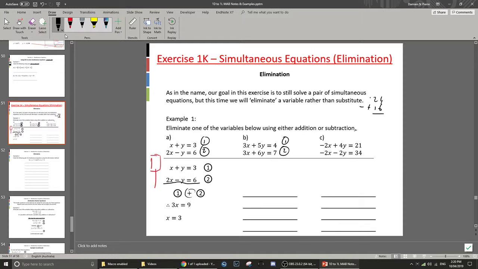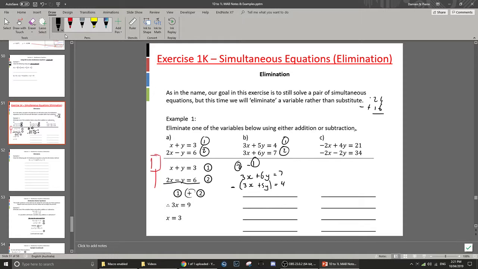And I'll probably choose to do 2 take away 1 because 6y is bigger than 5y. So I'm going to do equation 2 take away equation 1, and I'm going to lay it out vertically like a problem over here. So 3x plus 6y equals 7, take away, and I like to put in brackets so it avoids any sign errors, 3x plus 5y equals 4.